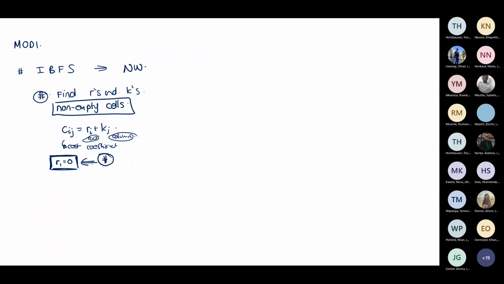Once you find your R's and your K's, we then move on to the next step. And the next step is taking those R's and K's, and what it's going to do, it's going to work out the differences, as in it's going to work out how much effect bringing in one of the non-basic variables, those empty cells, would have.